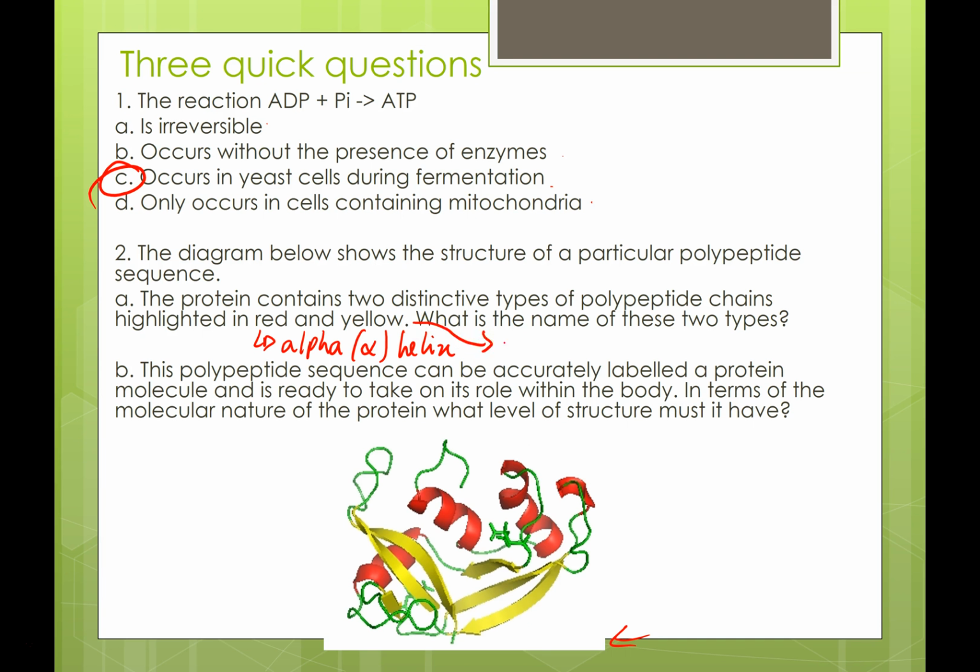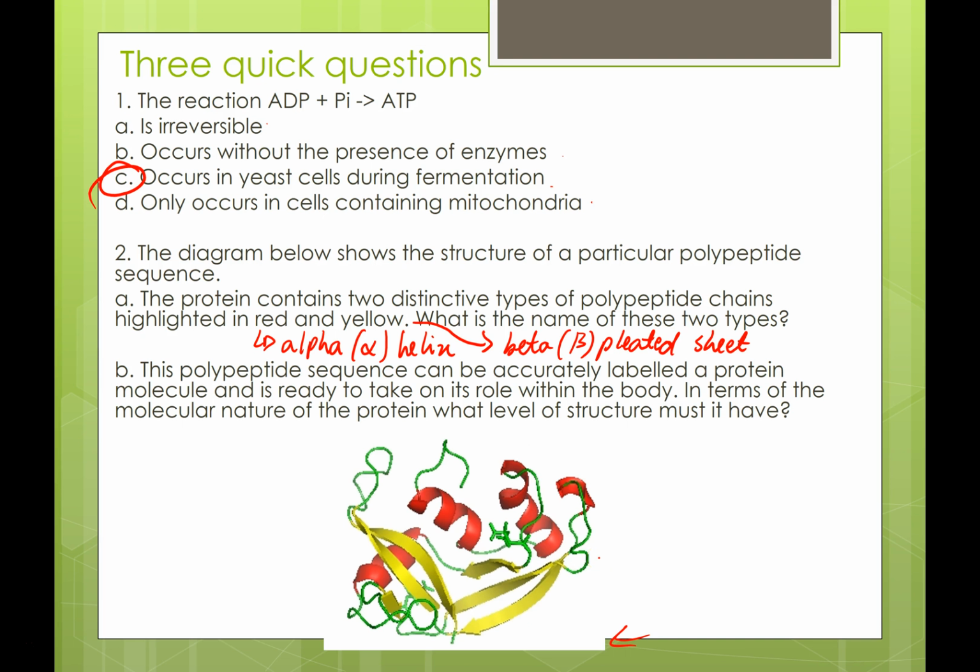And then the yellow one is a beta pleated sheet, right? Because it looks like a sheet.